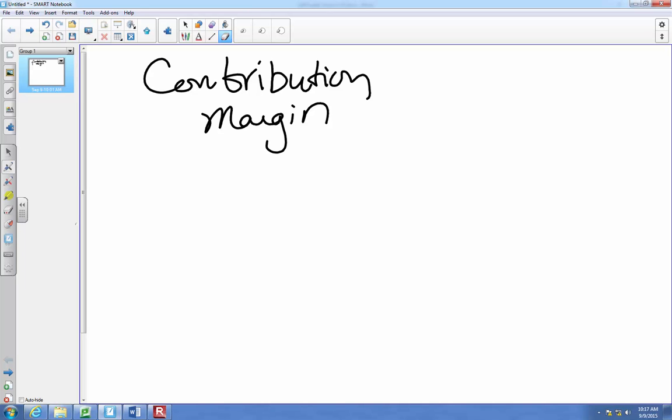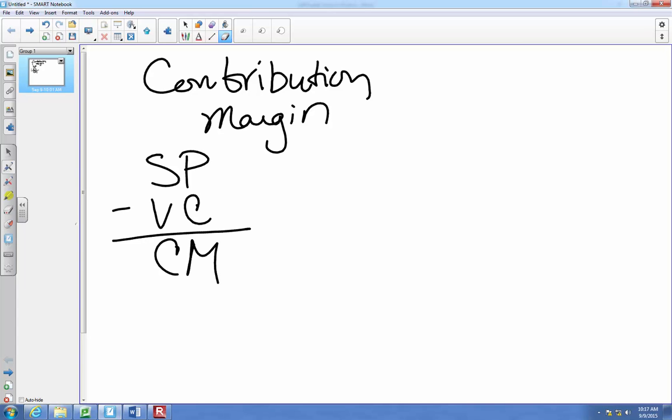What minus what? Sales price minus variable costs give us contribution margin. And these are all your variable costs, not just your manufacturing costs.